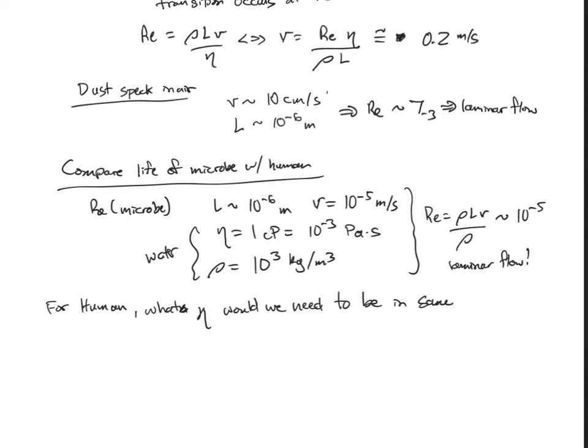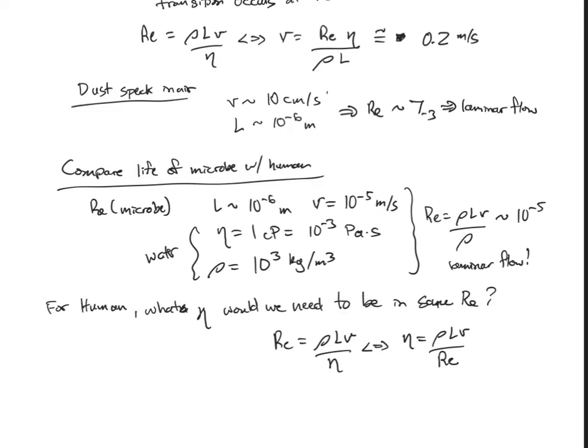That is, to experience the flow of air or water, whatever fluid it is around us, in the same way that a microbe does. So we'll take our equation for the Reynolds number, rho LV over eta, and rearrange it to solve for eta equals rho LV over the Reynolds number.